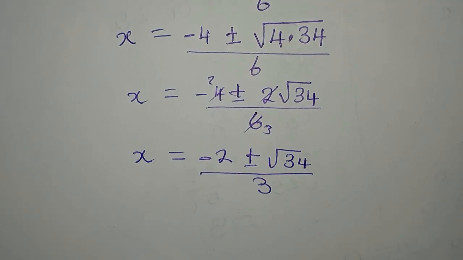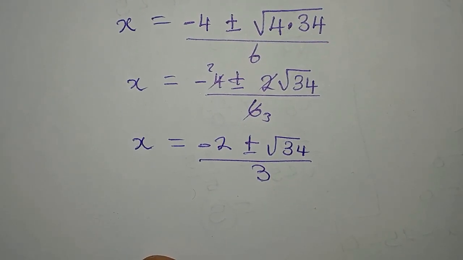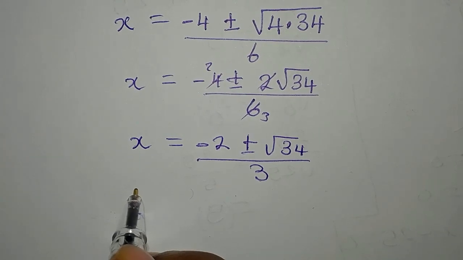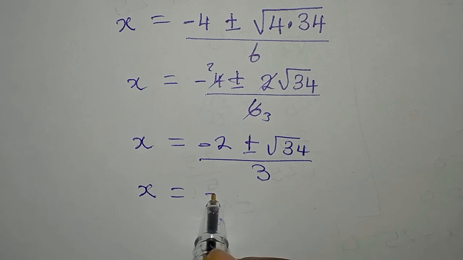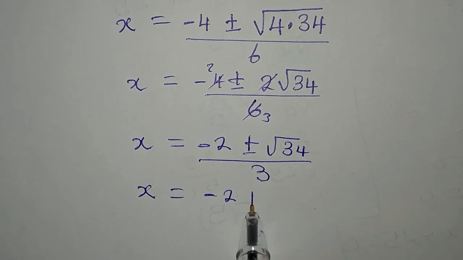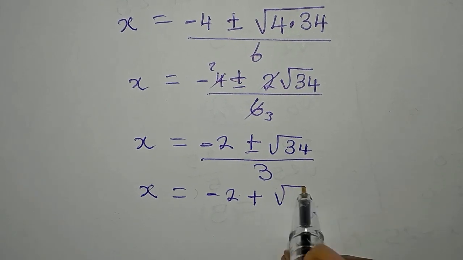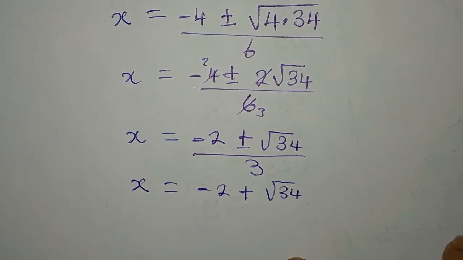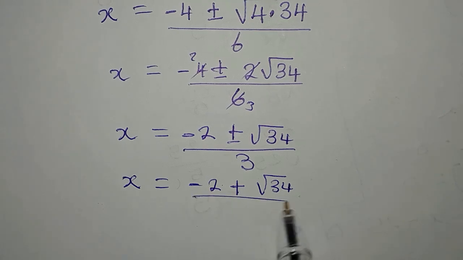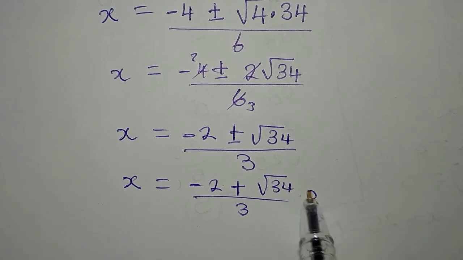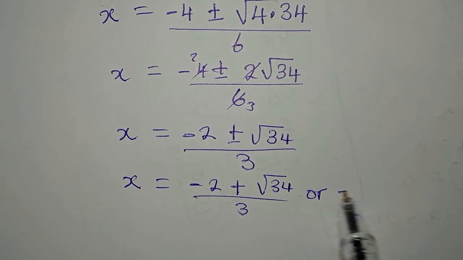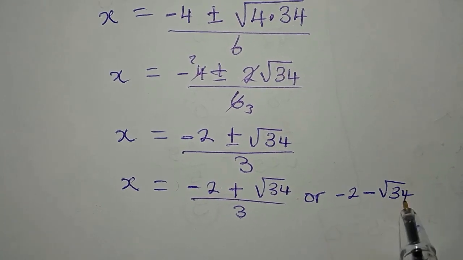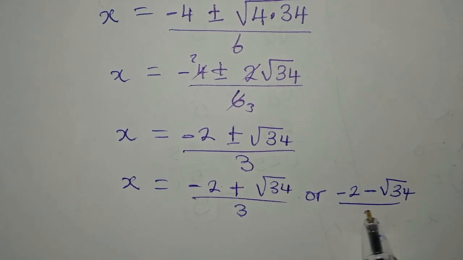So to continue with this again, we can decide to split what we have here so that we have x equals minus 2 plus square root of 34 over 3, or minus 2 minus square root of 34, then we have this over 3.